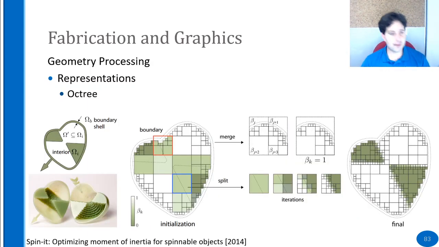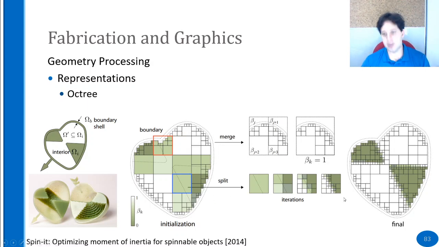So here is an example for a work that took advantage of octrees. Octrees, that's a hierarchical representation or data structure that is able to unify together regions of less interest. So here, what this work did was basically merge together small voxels that were of the same properties, so of the same density, or with material, without material, void.